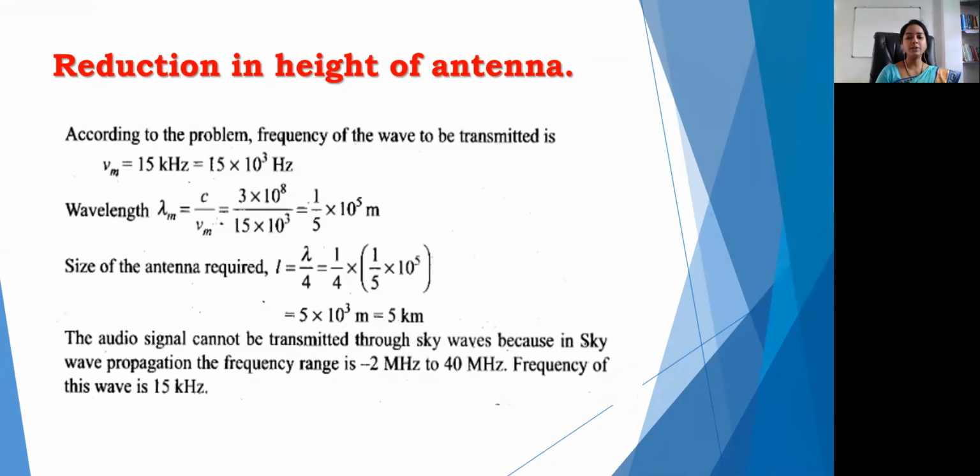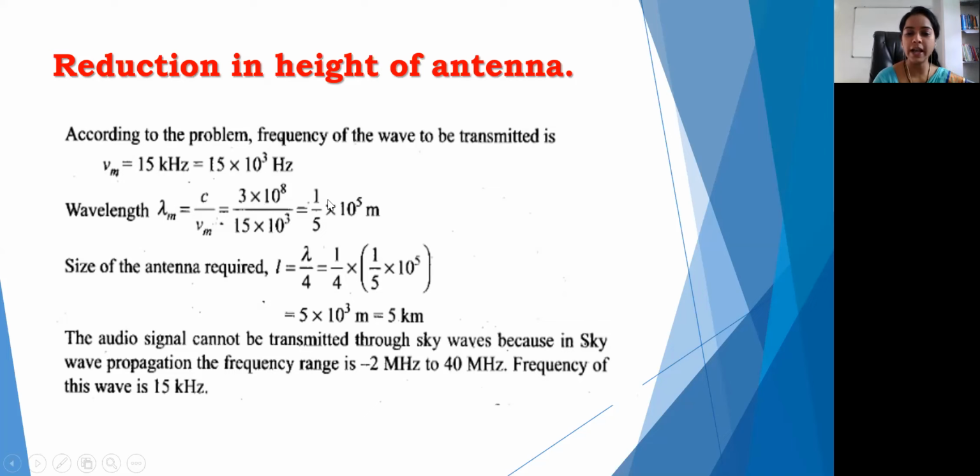Can we calculate the wavelength? How will we calculate the wavelength? This is c by f_m, where c is the speed of light. So 3 into 10 raised to power 8 divided by the frequency of the transmitted signal, which is 15 kilohertz.